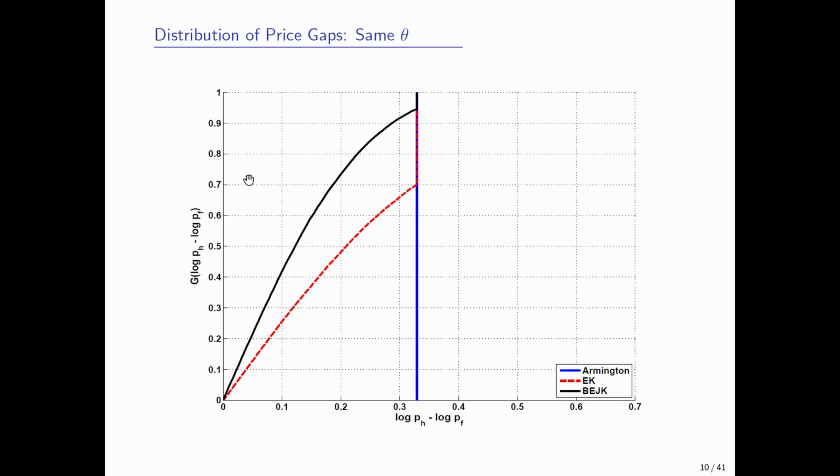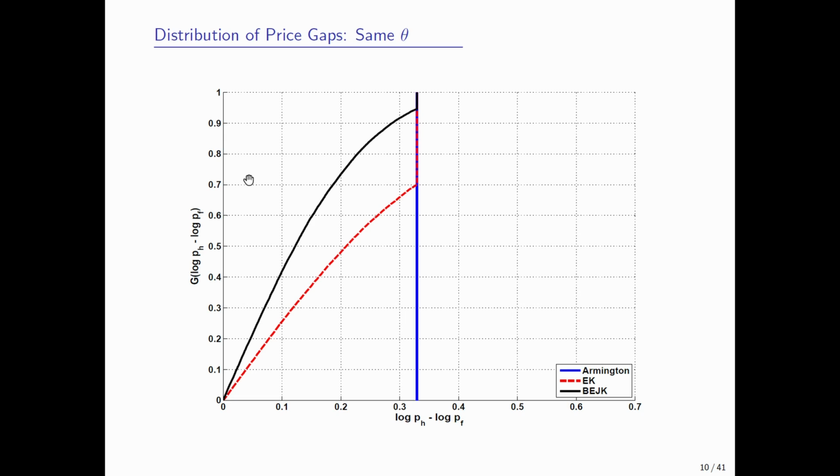However, the EK and the BJK models contain some mass prior to that tau, okay? Now, look at the EK model, which is the red line. There's some mass going from 0 until that trade barrier, and then there's also some mass right at the trade barrier. So what is that reflecting? It's reflecting the fact that some goods are tradable and some are not.